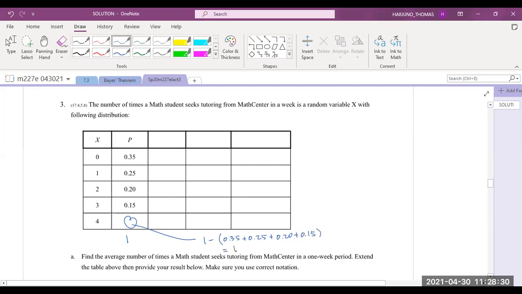Okay, that is 1 minus 0.6, 0.95. That's 0.05.